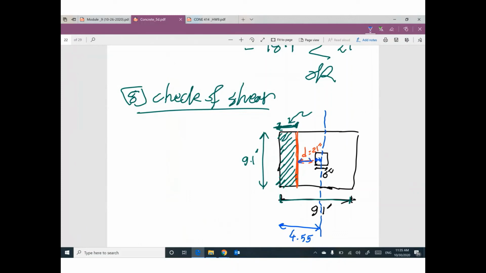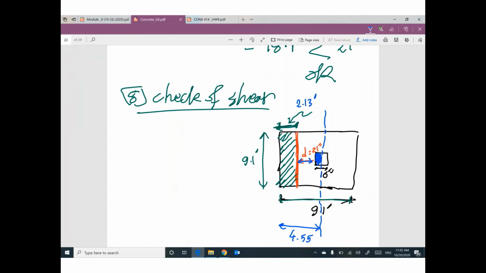Please convert them to feet. 8 inch is half of the column. So 8 inch plus 21 inch, divided by 12, subtracted from 4.55. This length will be 2.13 feet.